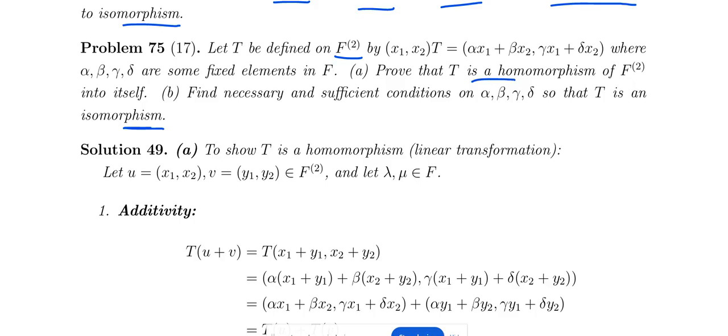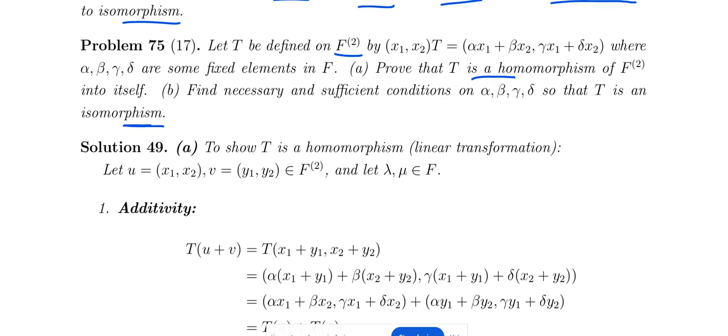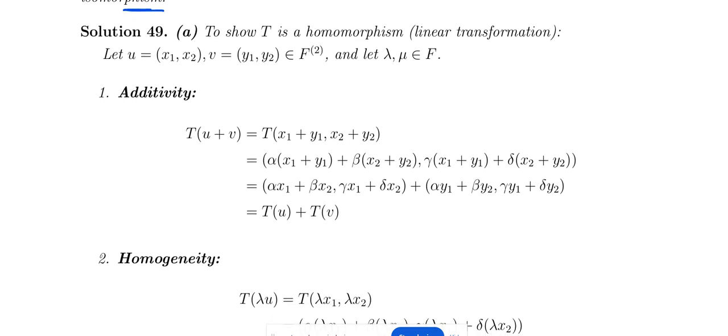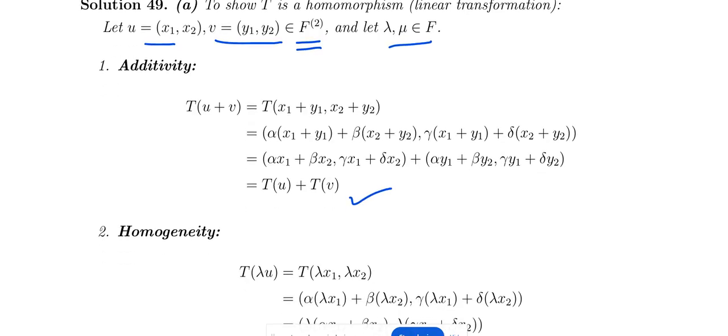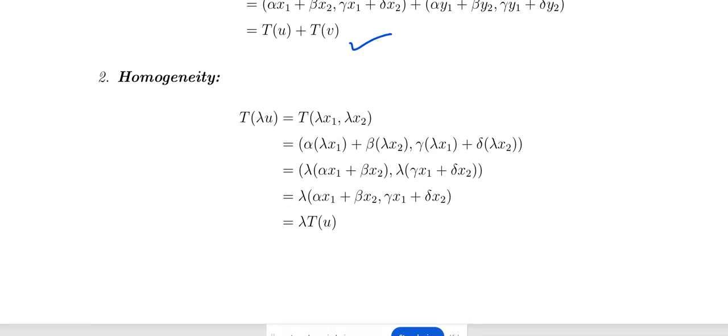First of all, T is a homomorphism onto itself. What is the condition for a homomorphism? When you choose two elements u equal to (x1, x2) and v equal to (y1, y2), both belonging to F power 2, and alpha, mu belonging to F, we find T of u plus v and it is satisfied. And for homomorphism, the scalar multiplication property applies: alpha x1, alpha x2.